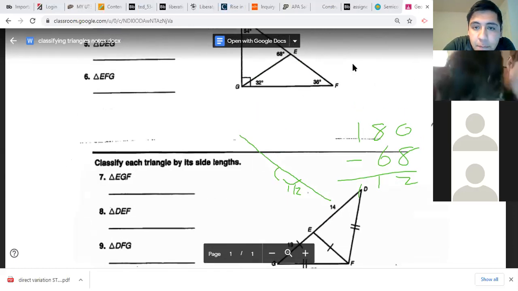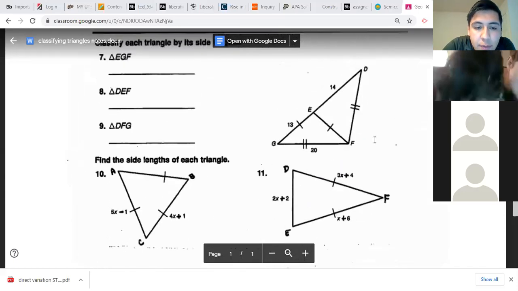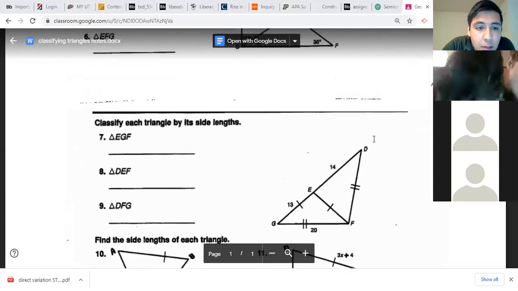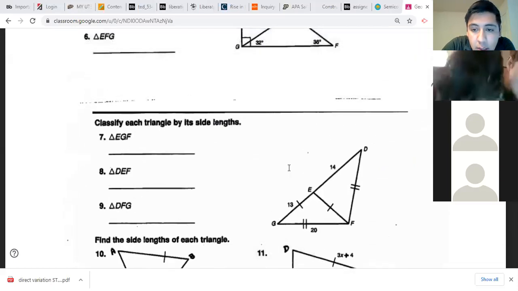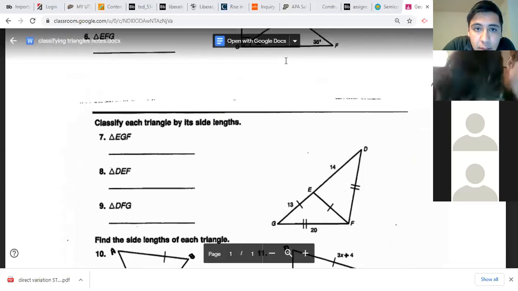All right. Now let's look at this one right here. Now we're talking about lengths, okay? So EGF. What kind of triangle do we have there?